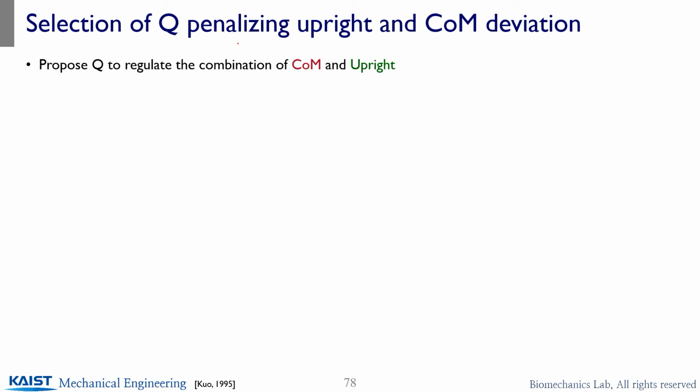Okay, so instead of exclusively having either the center of mass or the upright, why don't we just combine both? Why don't we have our Q matrix combine both penalties, penalizing center of mass deviation and the upright deviation. So if you have a weight vector, a reciprocal weight vector, and since you want to minimize the effect of the W magnitude itself, you can normalize them.